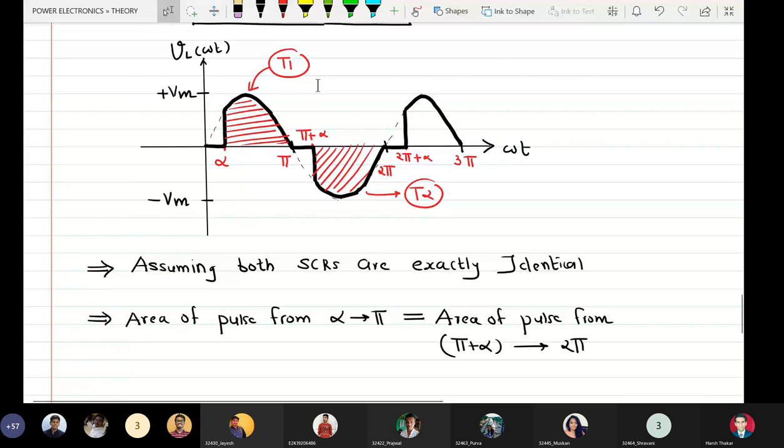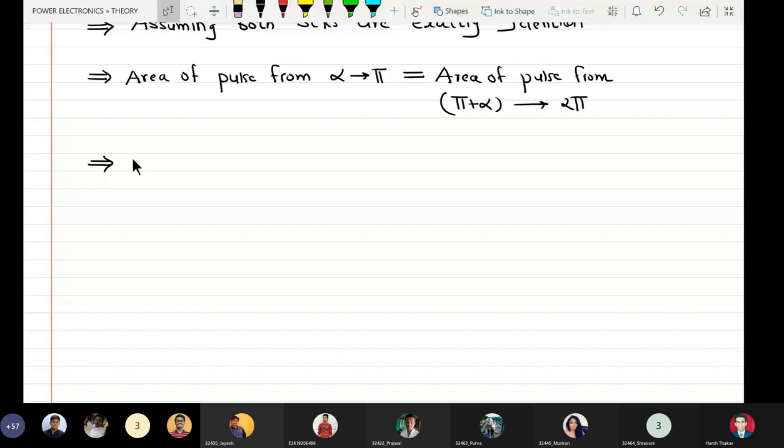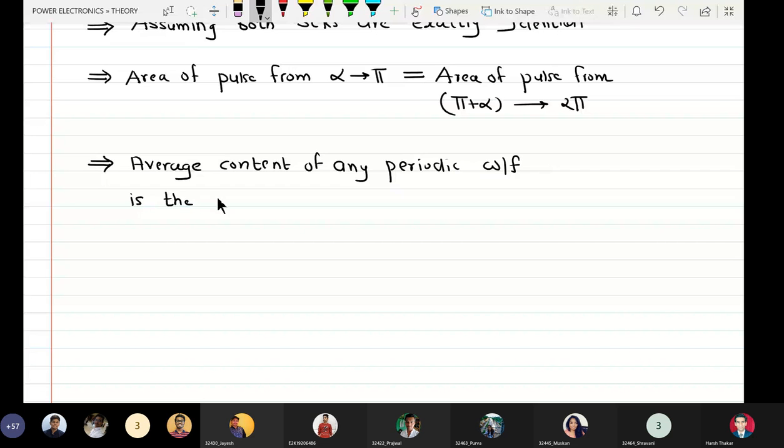So we already know that the average content of any periodic waveform is the algebraic sum of the area above and below x-axis.